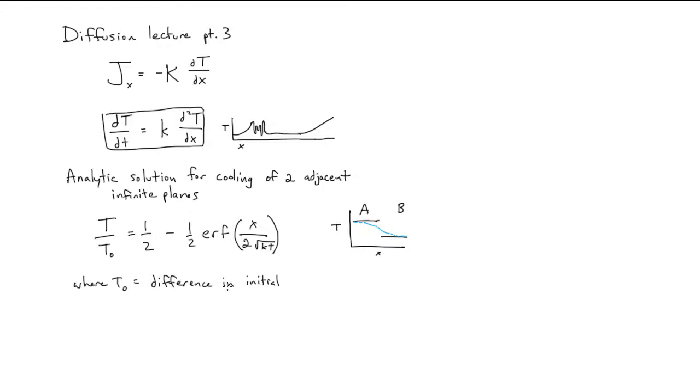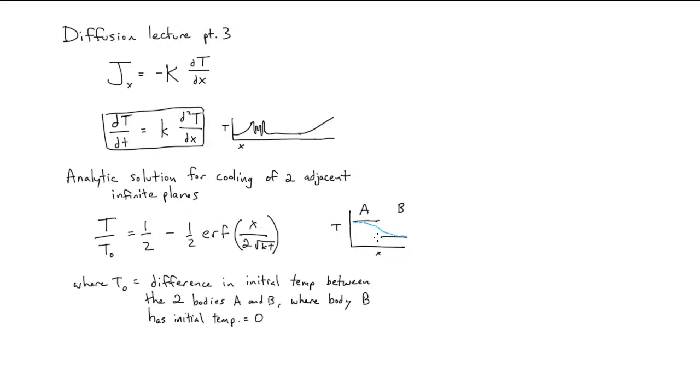Okay, so T naught is the difference in initial temperature between the two bodies A and B, where body B has initial temperature equal to 0.